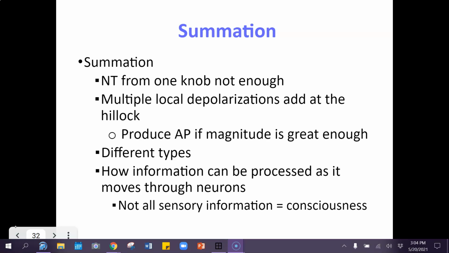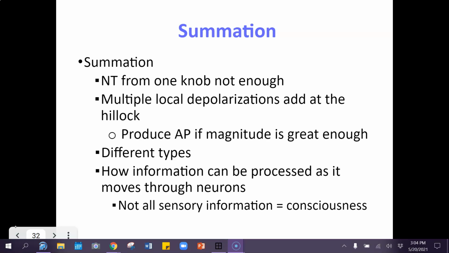The gatekeeper, the part of our neuron that's keeping track of all of these impulses that are coming through, is the axon hillock. So if all of these impulses create a membrane potential around threshold at the axon hillock, then yeah, we're going to get an action potential being propagated down that axon.